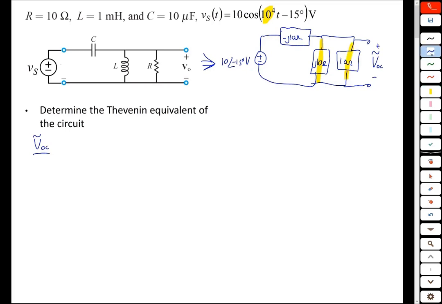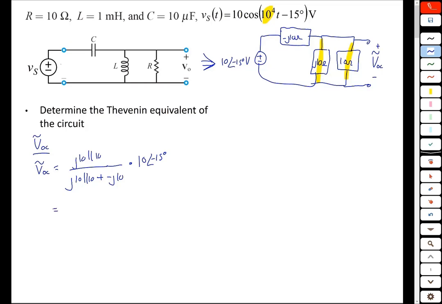So V_OC is j10 in parallel with 10 ohms, over j10 in parallel with 10 ohms plus minus j10 ohms, all of that multiplied by 10 at an angle of minus 15 degrees.